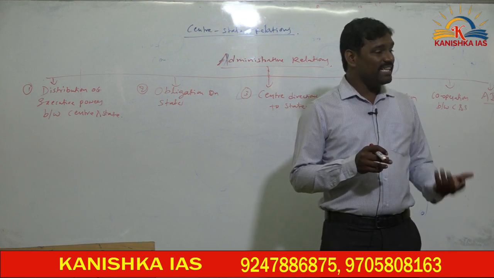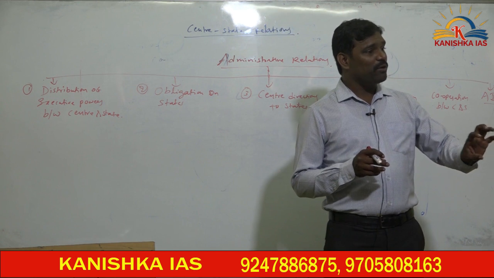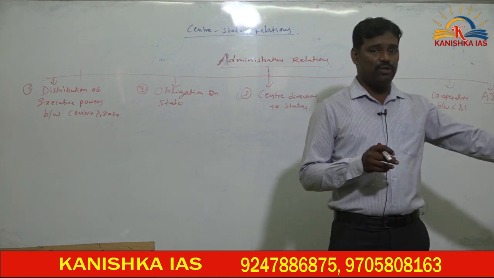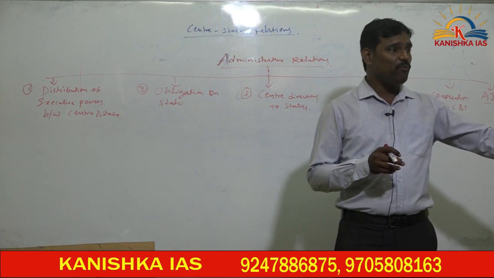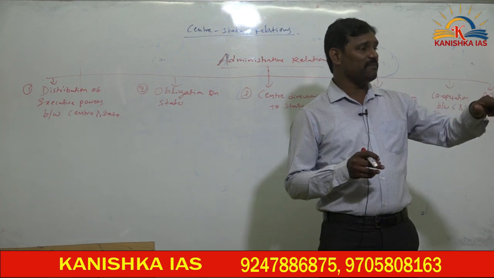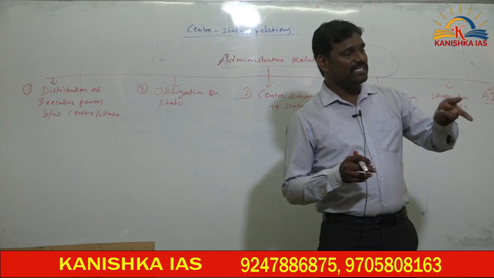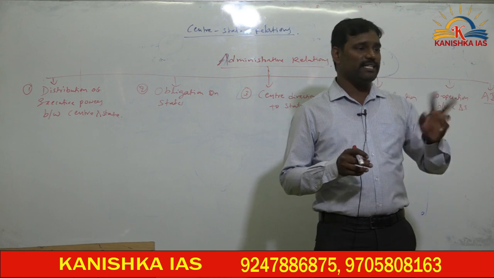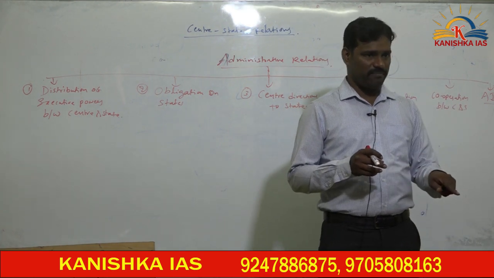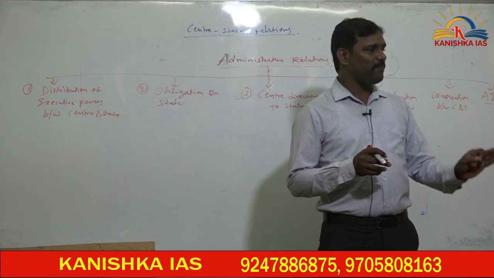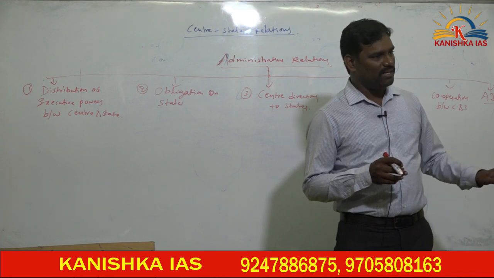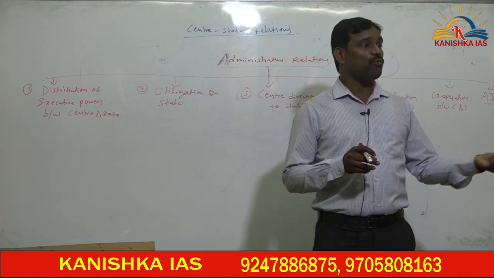Because of desirability, you shifted this subject from the state list to the concurrent list, so that now the center and the state are both qualified to pass laws. Yes or no? If on the same matter both center and state pass laws, the center overrides the state. For example, on matter X, if the state also passed a law and the center also passed a law, and it is in the concurrent list, the center overrides the state.